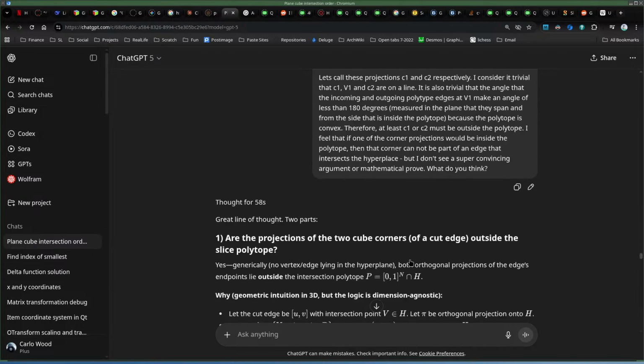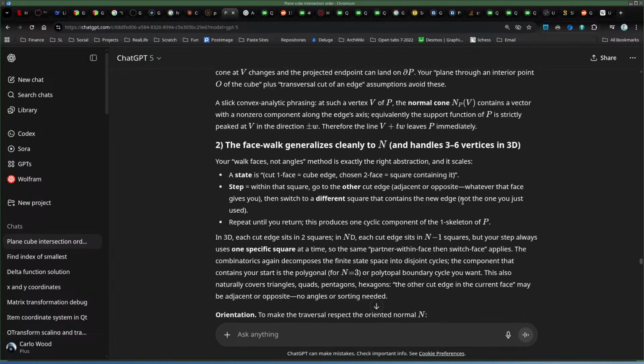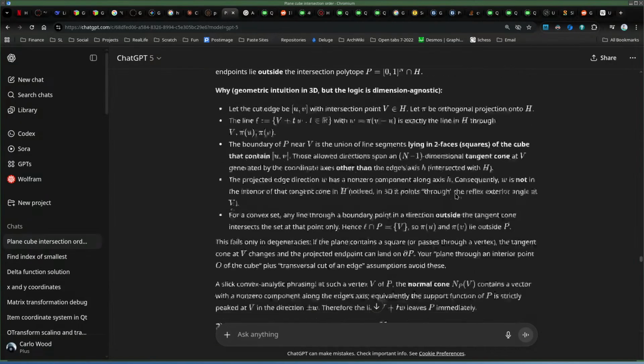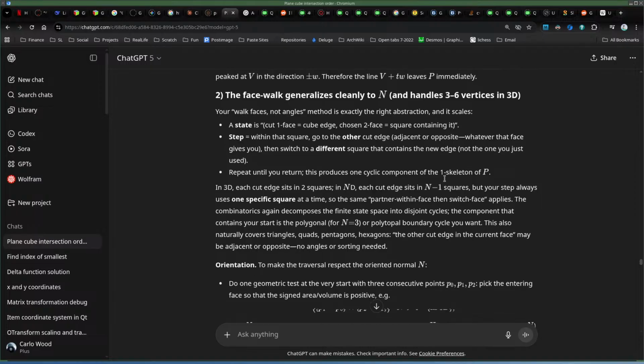So what it says then is, are the projections of my conjecture... Yes, generally this is true. Loads of this gave me a headache to follow.